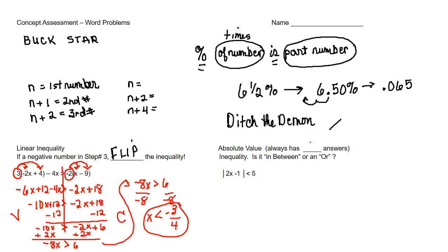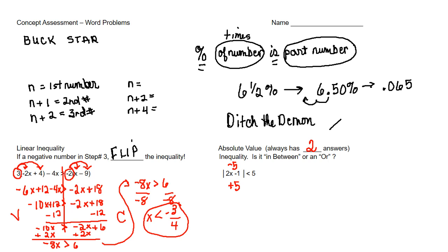Absolute value always has two answers. Whatever happened inside the absolute value here, whatever happened to the x, gave you a negative 5 or a positive 5. So we have to set it to two things.